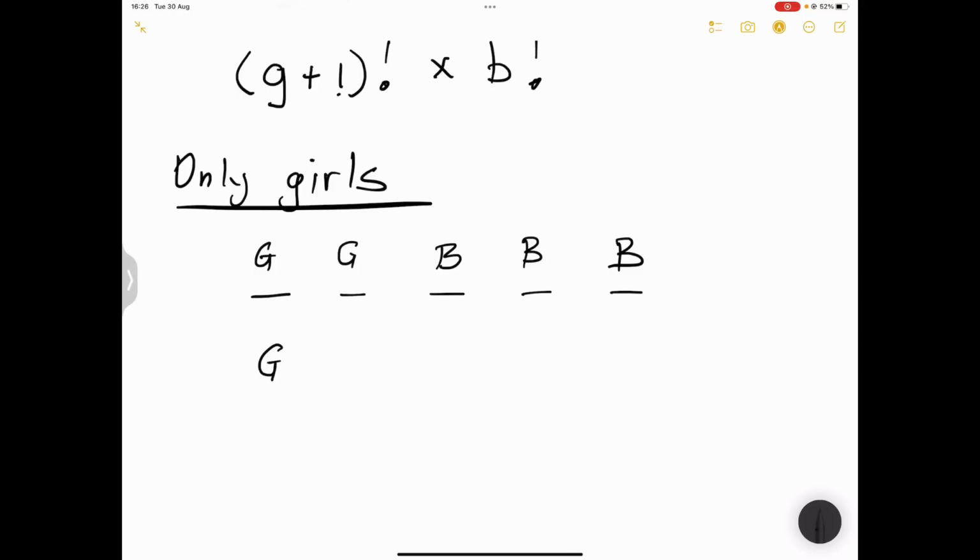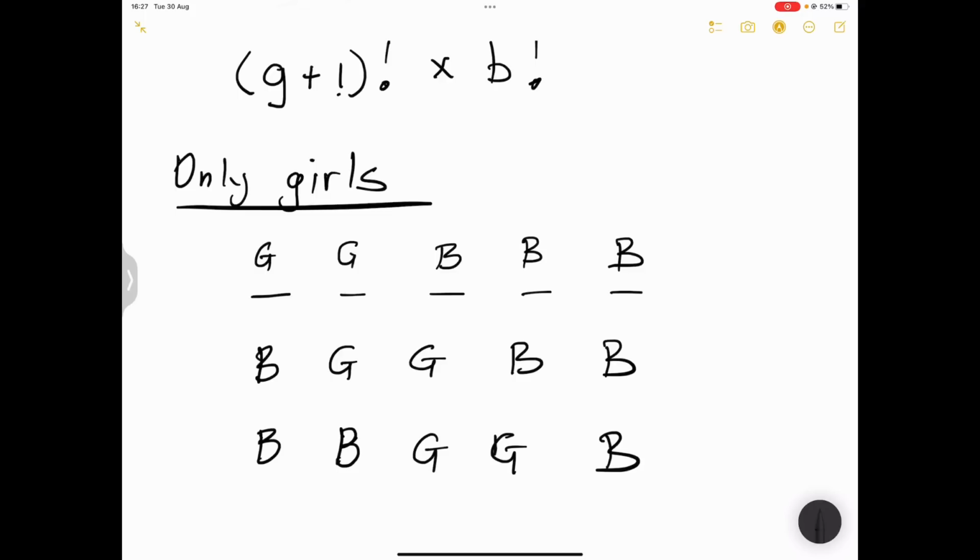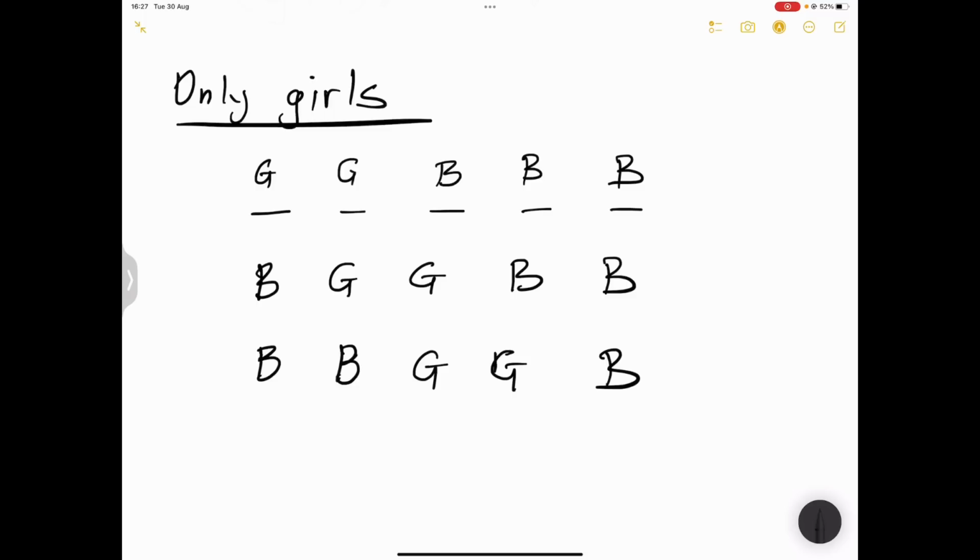Another possibility would be boy, girl, and boy over there. Now I can separate the boys, but the girls still need to remain together. So you can still have boy, and girl with another boy. You can see the different combinations, or I could have boy, girl over there, and now I end up with 4 different possibilities.